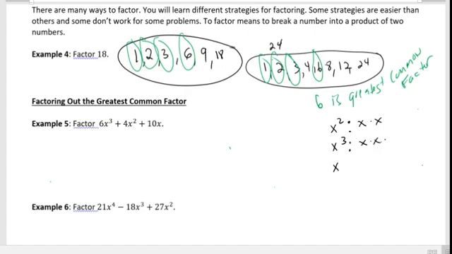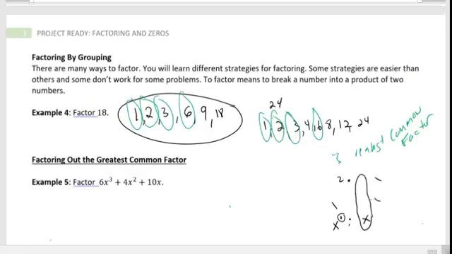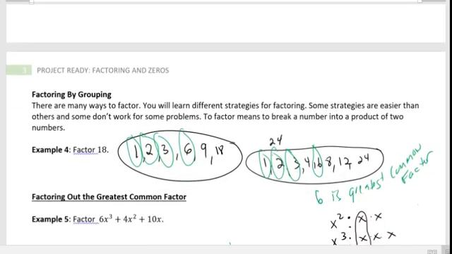For x cubed, we get x times x times x. And for x, we get x. Notice that they only have one x in common, and so that would be part of your greatest common factor. The lowest exponent is always going to be the common factor for your variables. Okay, so let's try an example here.